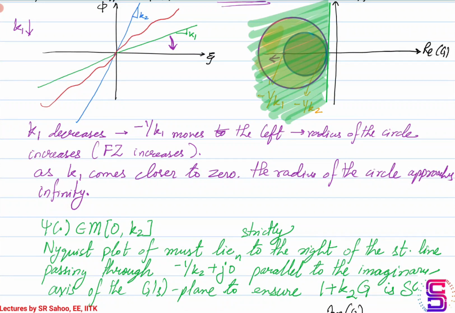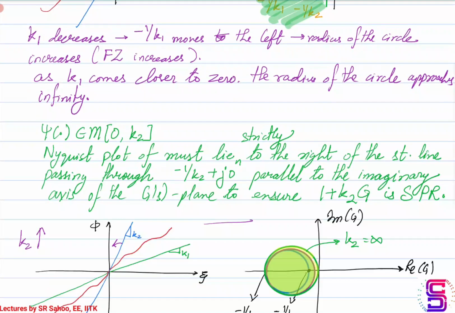So the Nyquist plot of G must strictly lie to the right side of this particular straight line passing through the minus 1 by k2 point and parallel to the imaginary axis. That is important to note.